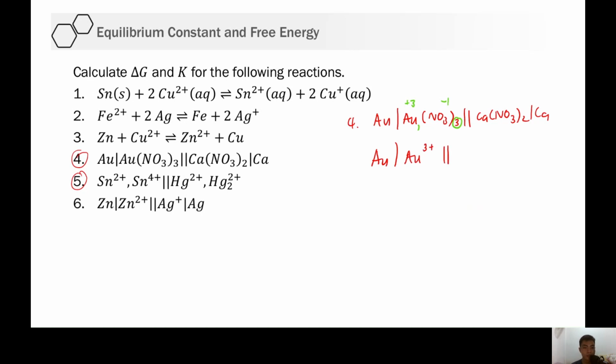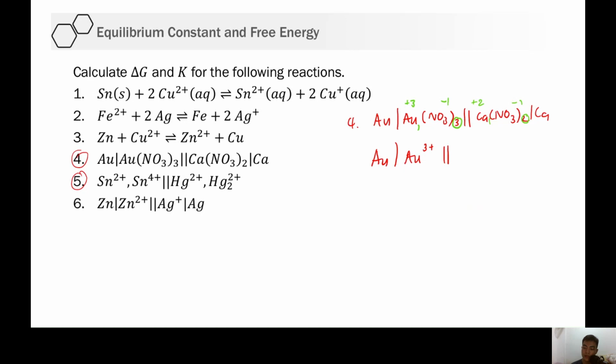How about calcium nitrate? Since our reacting species on the cathode is calcium, I have to get the ion form of calcium, which I can get by doing the reverse crisscross, similar to what we did earlier. The 2 belongs to calcium, the 1 belongs to nitrate. Calcium is a metal, so that's positive, and this one is negative.